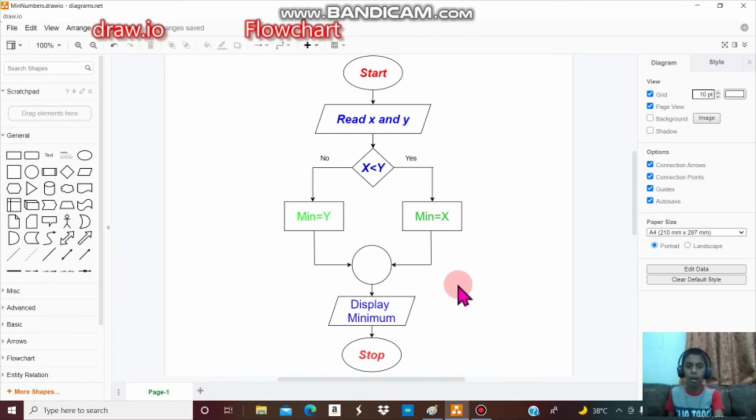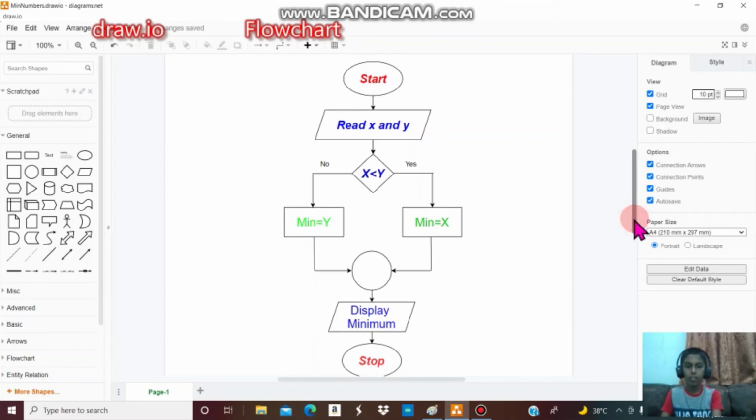We found it and it is Y. So it will display Y as the minimum number. And then a flow line will connect to the end, stop, with an ellipse. So that's how this all works.